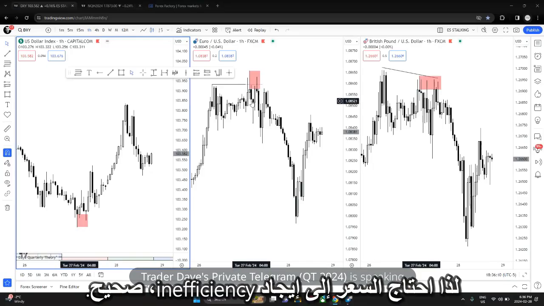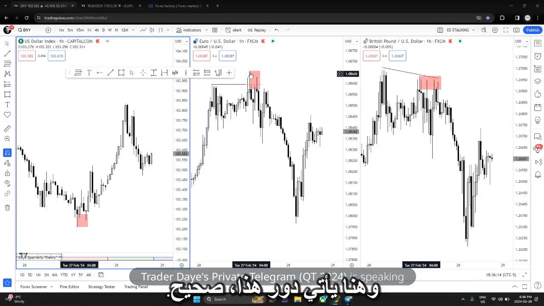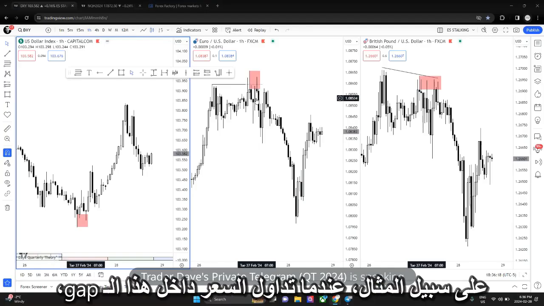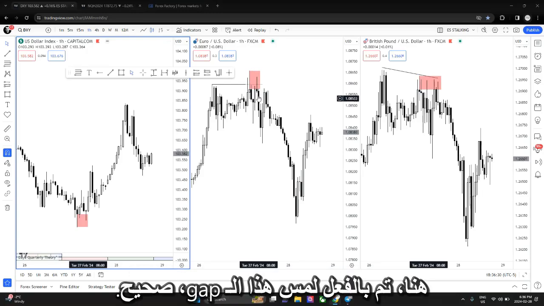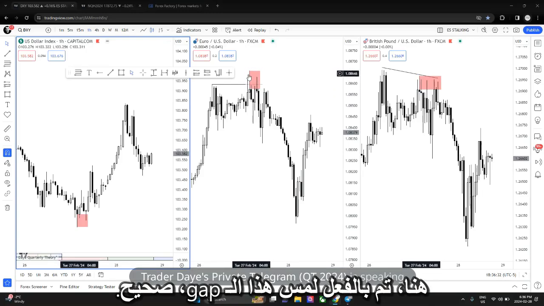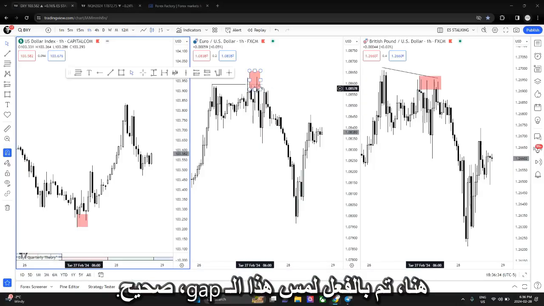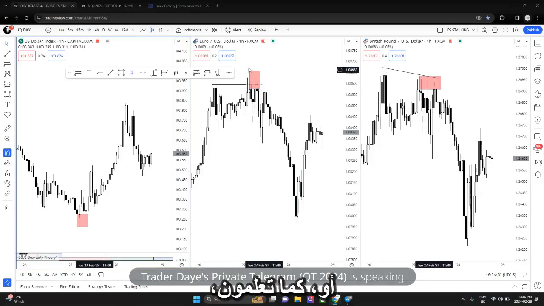So price needed to find an inefficiency, right? And that's where this came in. So when price traded into this gap and traded down and came back into this gap right here, this gap was already tapped into, or balanced.